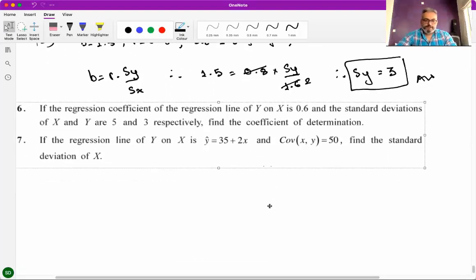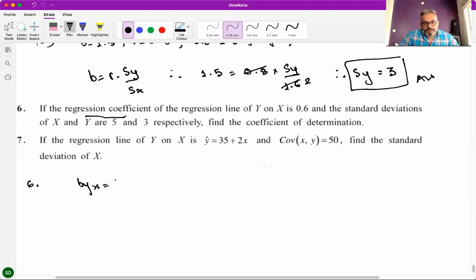Question number 6. If regression coefficient of the regression line y on x, regression coefficient of y on x is equal to 0.6, and the standard deviation of x is 5, standard deviation of y is 3. Find coefficient of determination. So we have to find out R square, which is equal to small r square.